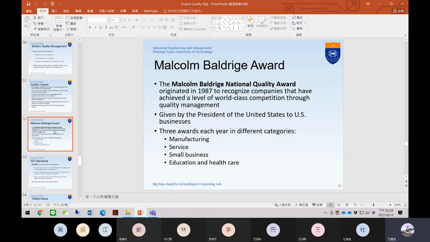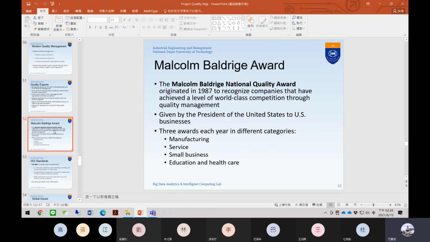In Taiwan, we also have our National Quality Award. The Baldrige award is given by the President of the United States to U.S. businesses.